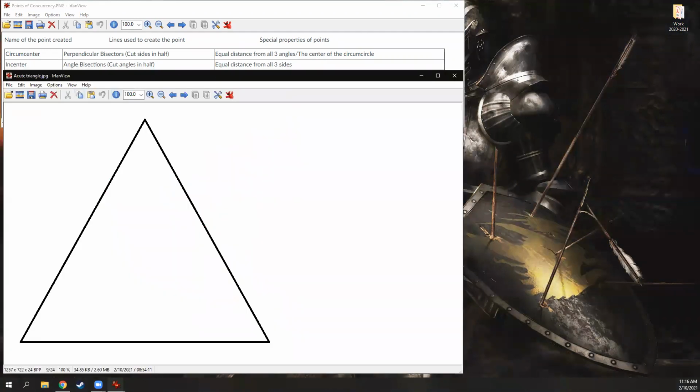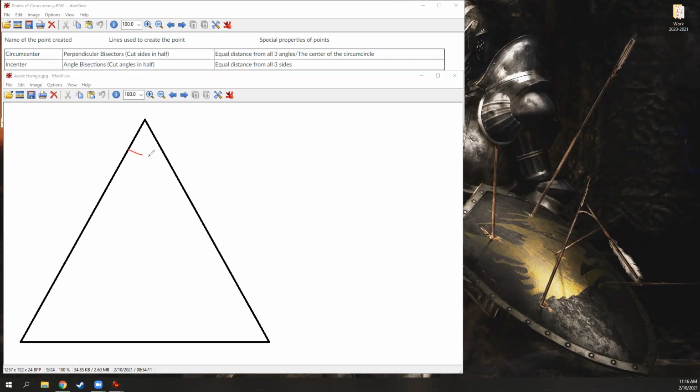I won't have to do as much now, I think. It'll be easier. All right. So in-center is created by angle bisectors and is equal distance from all three sides. This one is nice and simple. If I have angles here, like so, and then I did lines that cut them directly in half.